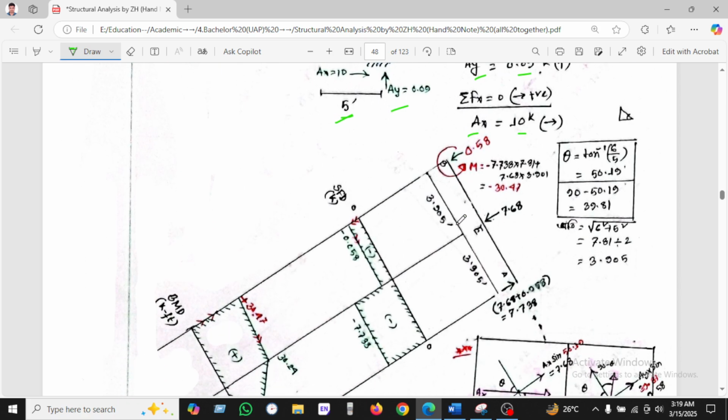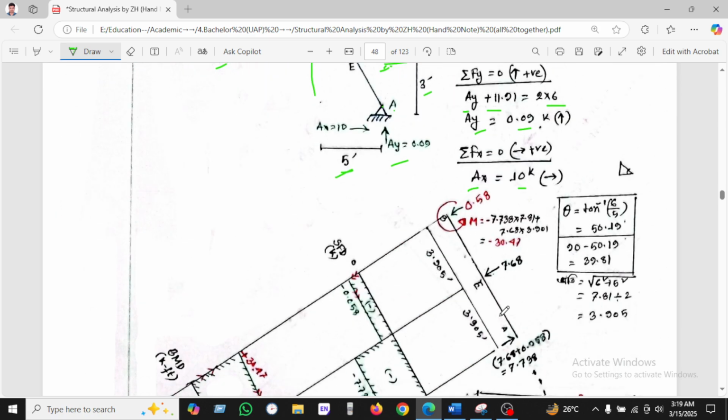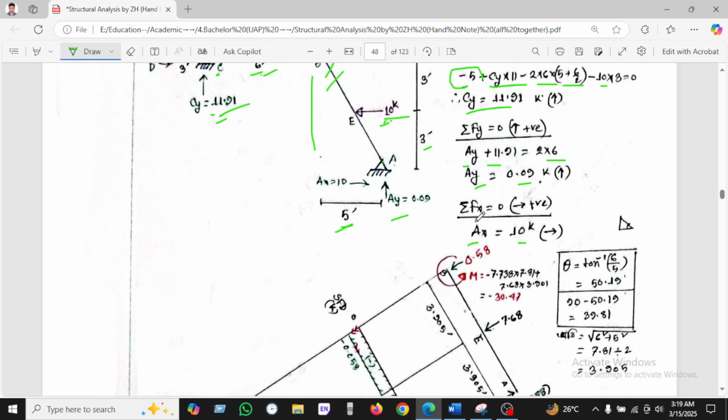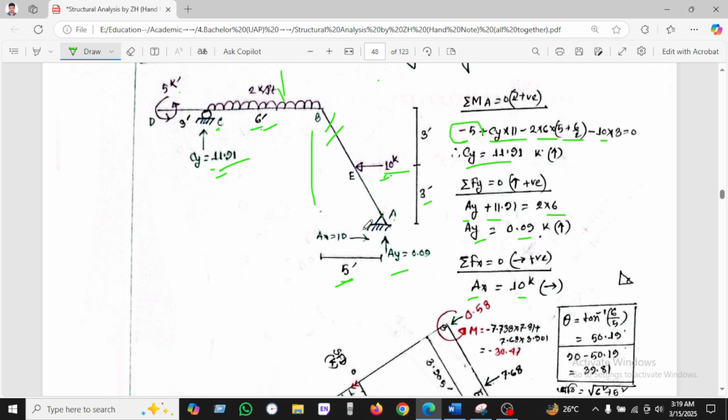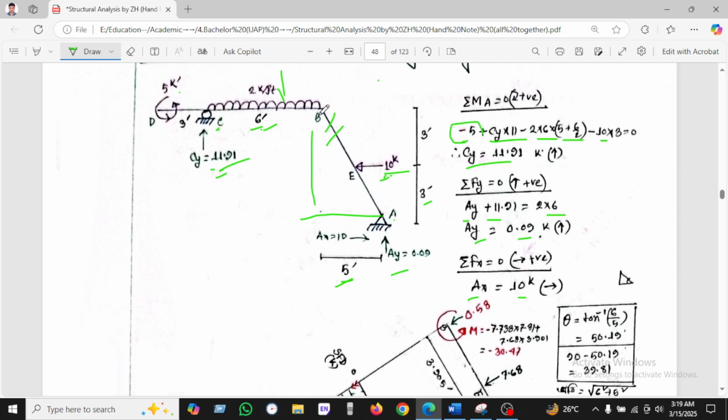Okay, so let's see this member. This is the BA member. Before taking the BA member we have to take the theta angle. So now we will go to the theta.